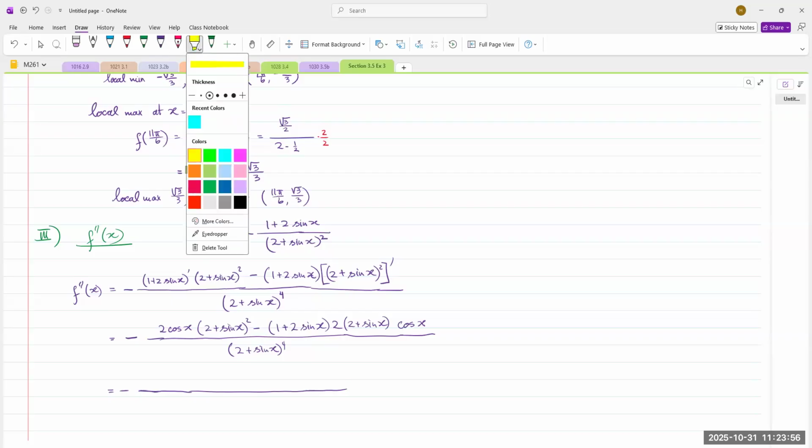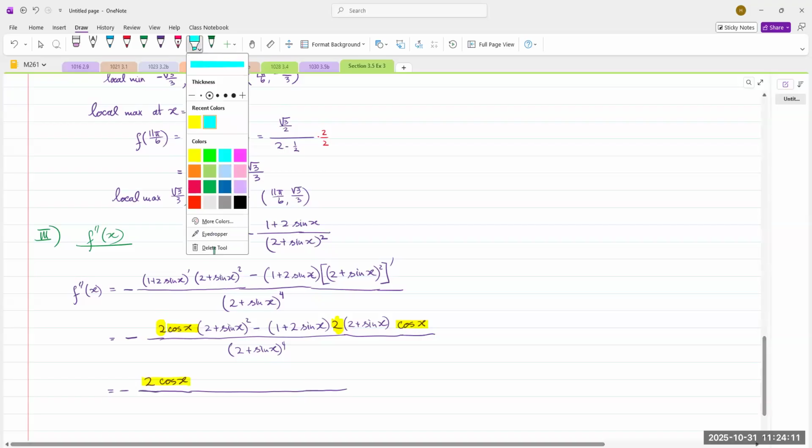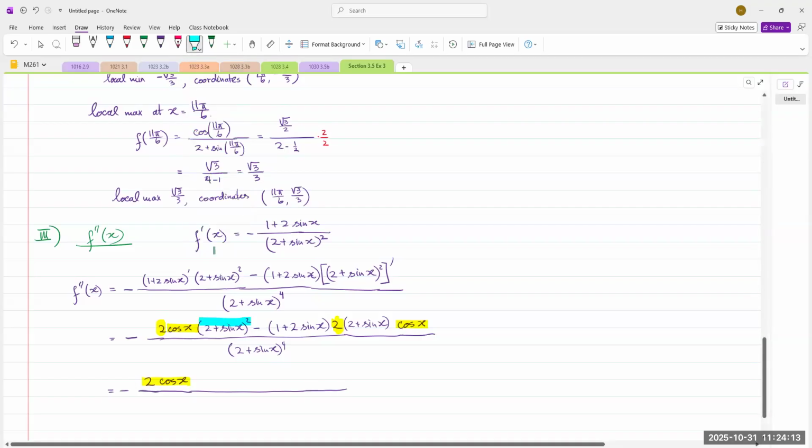Let me play with my color. I color coded. I have common factor 2 with cosine. So I take 2 cosine x as a common factor, the yellow one. Okay, and then I also have common factor 2 plus sine x, right?